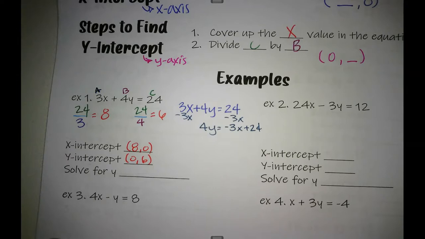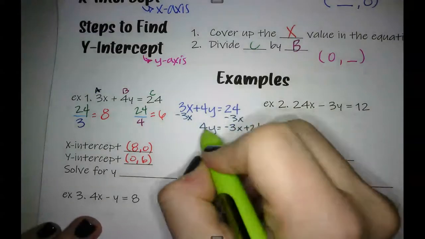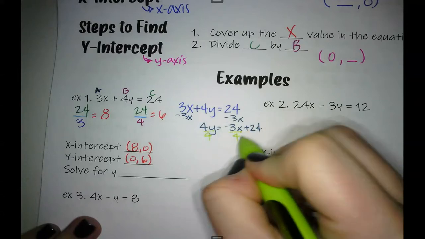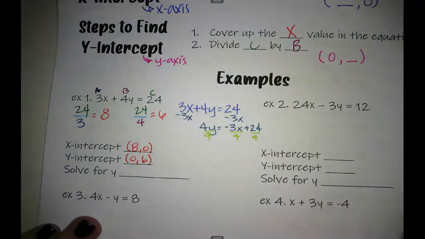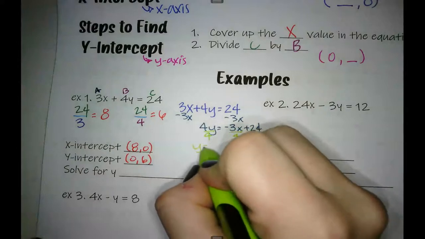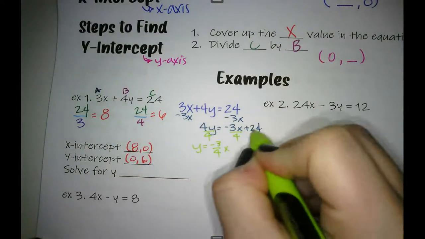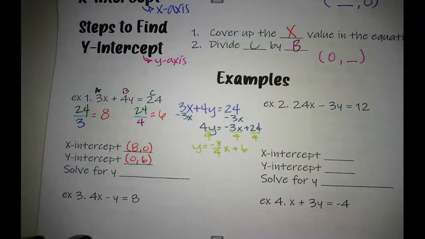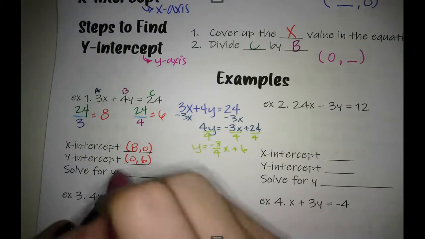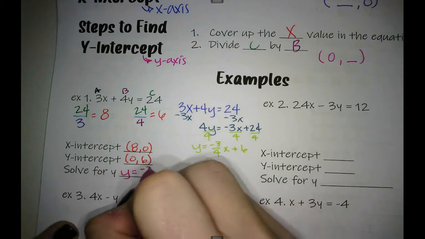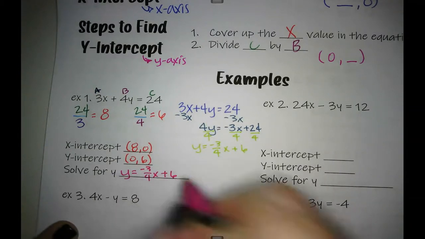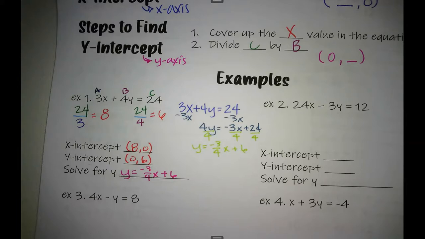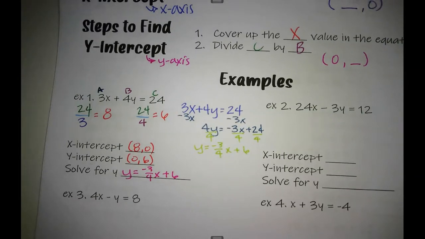And then I do the fun part of dividing all terms by that B value. Y equals negative 3/4 x plus 24 divided by 4 is 6. So my equation here is y equals negative 3/4 x plus 6. And that's all we do.